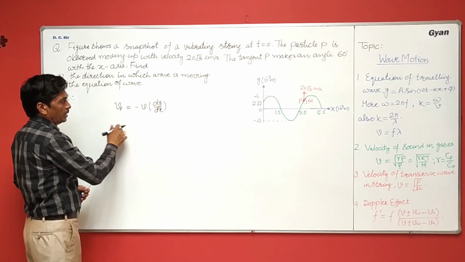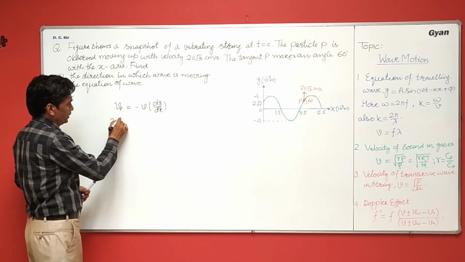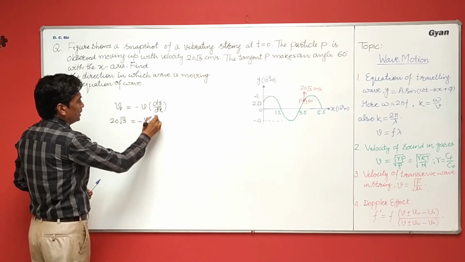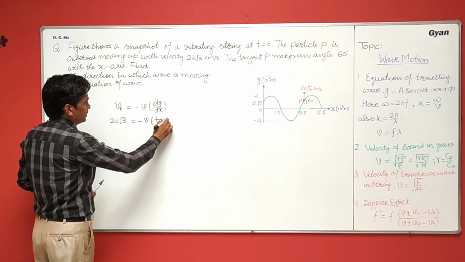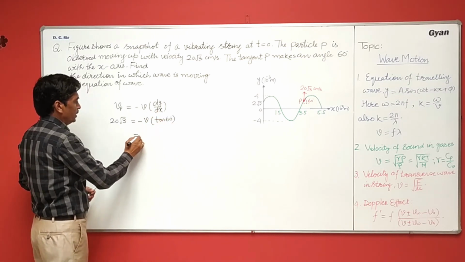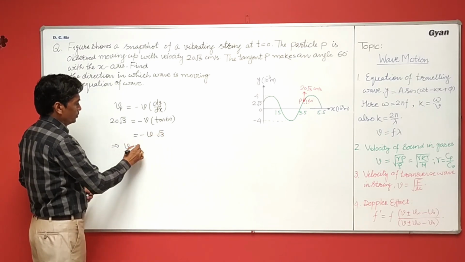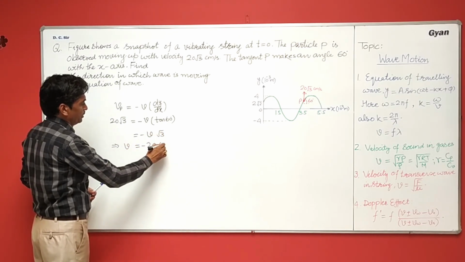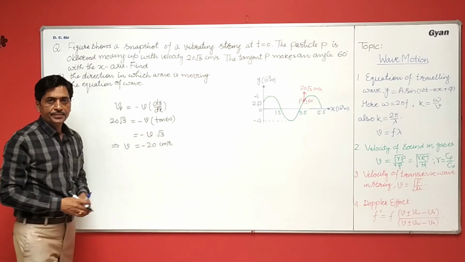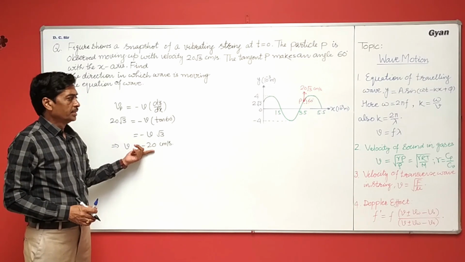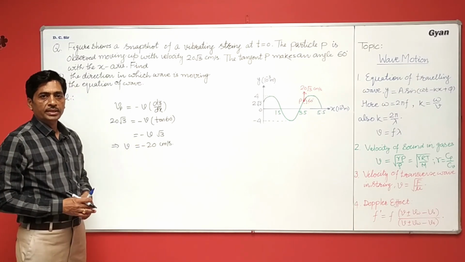So here the particle velocity is 20√3, and minus v dy/dx, that is tan 60, or minus v√3. This gives you v equal to minus 20 centimeter per second. Now here, as the minus sign indicates, the wave is going along the negative x direction.